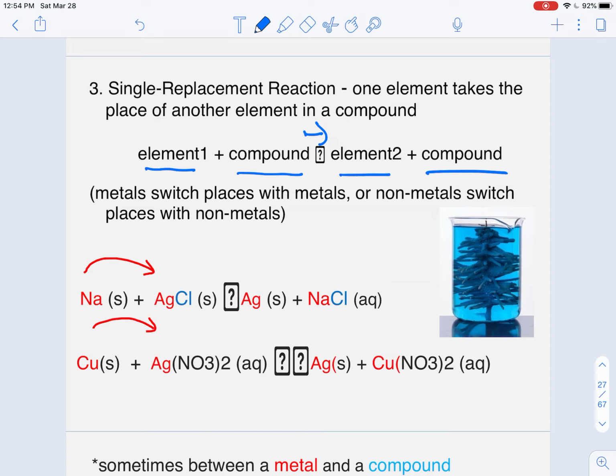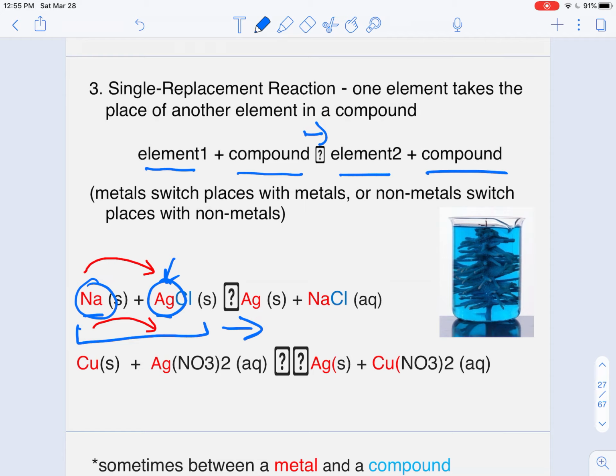So in this example, we have sodium and silver that are both the cations. So as we join these 2 together in order to make something new, we're just switching the 2 that are both the same charge. So when we do that, now the silver will stand alone because sodium is taking its place.